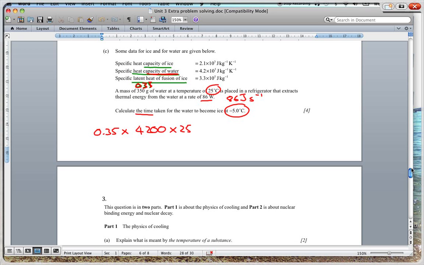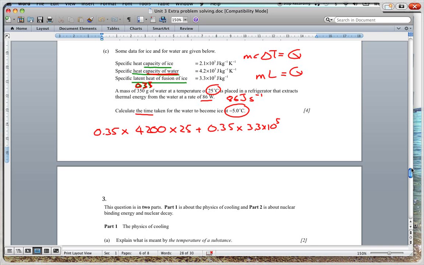That's your heat lost as the water goes from 25 to 0 degrees. Then the water needs to change into ice, and it's going to give out energy, and that is given by mL. The other formula, obviously, was Q is equal to mc change in T. So it's again 0.35 times the specific latent heat, which is 3.3 times 10 to the 5.